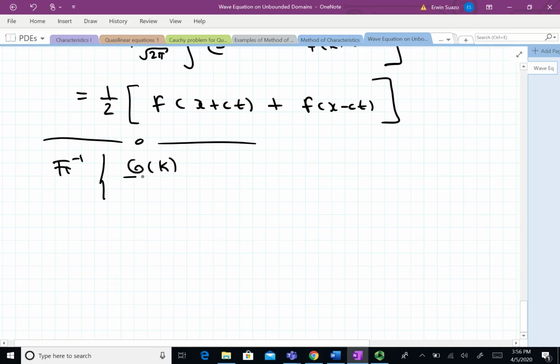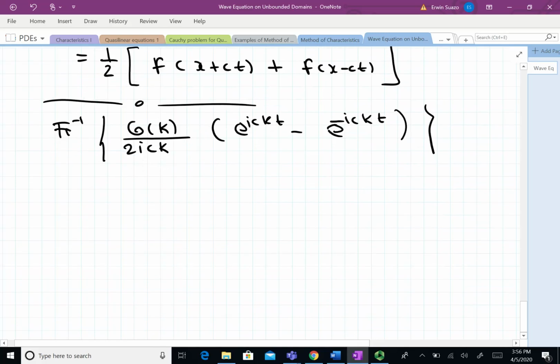G(k) over 2ick, e to the ickt minus e to the minus ickt, right? So by definition of Fourier inverse, this is 1 over square root of 2 pi, and the integral of e to the ikx of G(k), and then I'm going to take the 2c out.